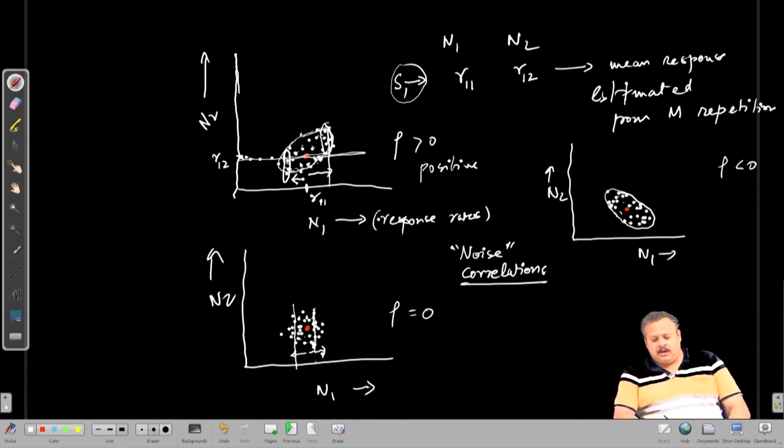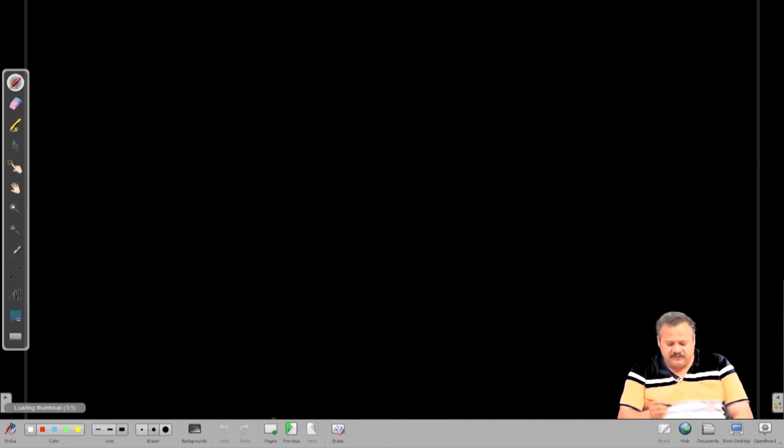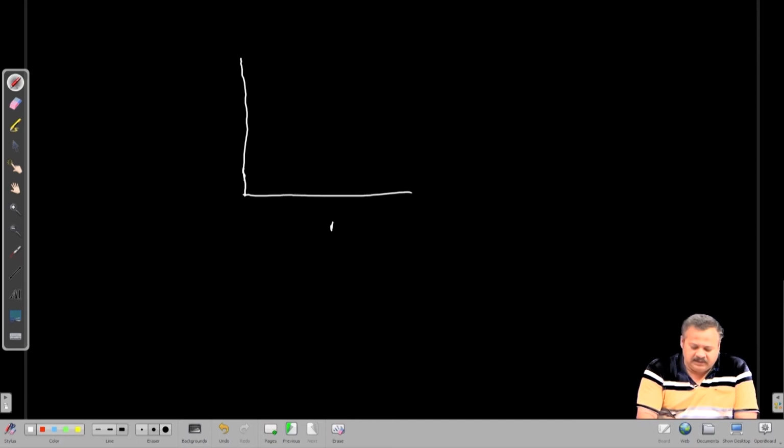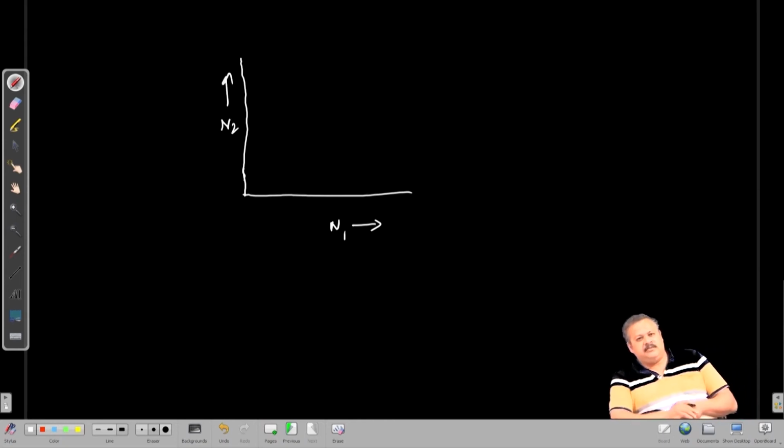So, why is this important? As mentioned, we will see this in an example later on also. However, here if we think of it in the same way again, there is a pair of neurons N1 and N2 whose rates are being represented along the two axes.